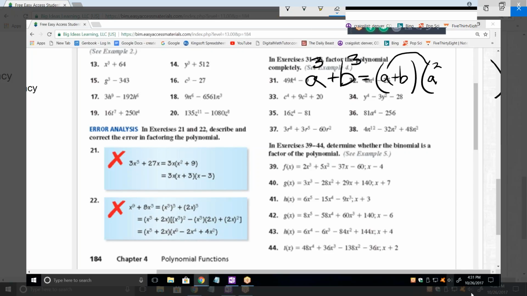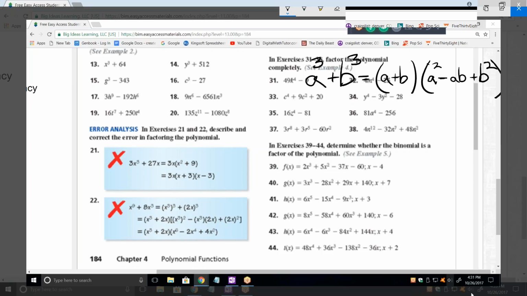Now what's the rest of it? The rest of it's harder to memorize. So it's plus A, always the opposite sign of the first term. So always, minus A times B, and then plus B squared.